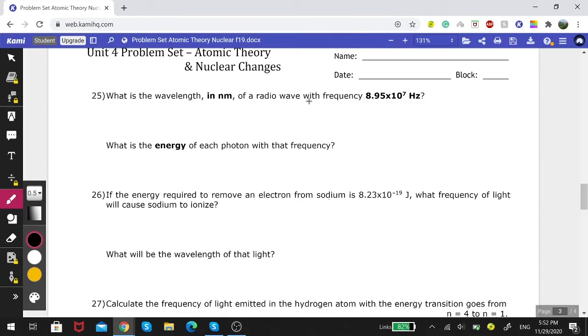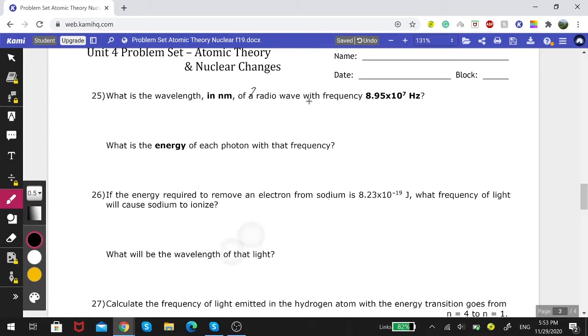What is the wavelength in nm of a radio frequency? Alright, let me grab my table. Wavelength and frequency. That means we have to use one of our formulas. Energy is equal to... Alright, so in order to find wavelength, we need to find energy.